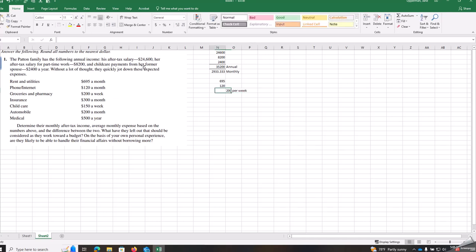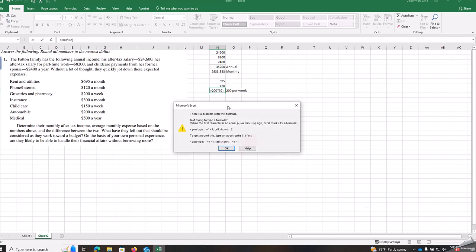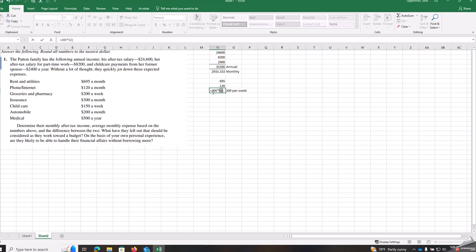So if I take the $200 times the 52 weeks and then divide that by 12, because it's not as easy as just saying multiply that by 4, because there's not 48 weeks in a year, there's 52. So we're going to make it $866 again, because this is all monthly.